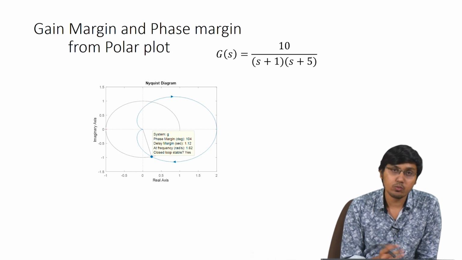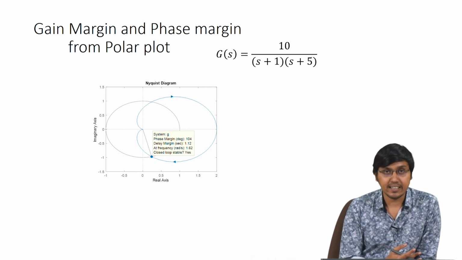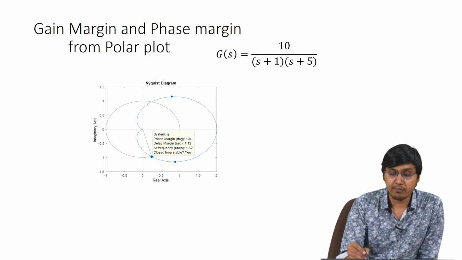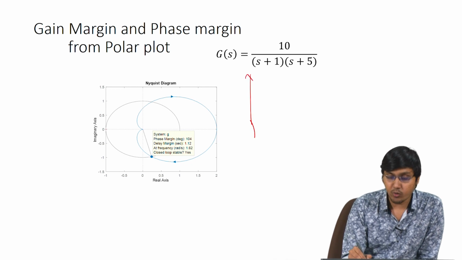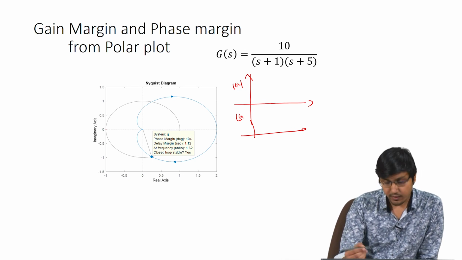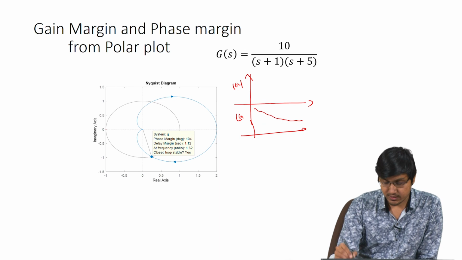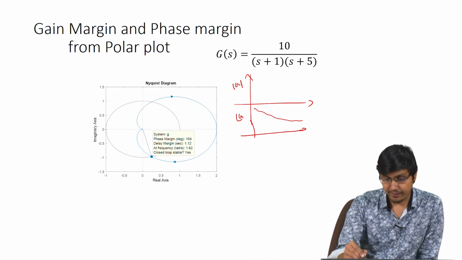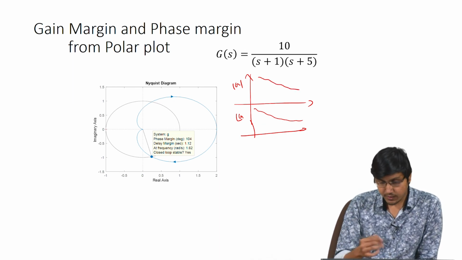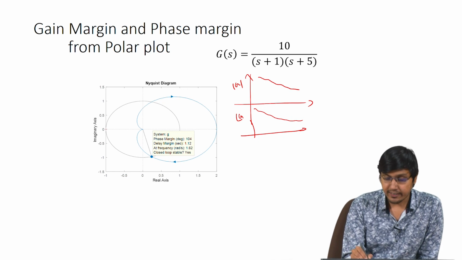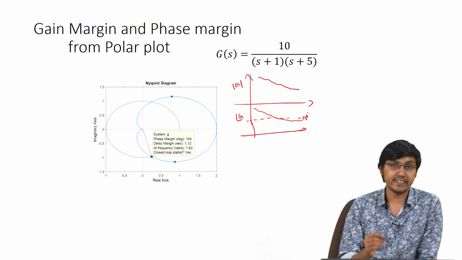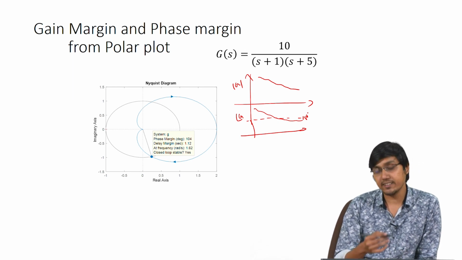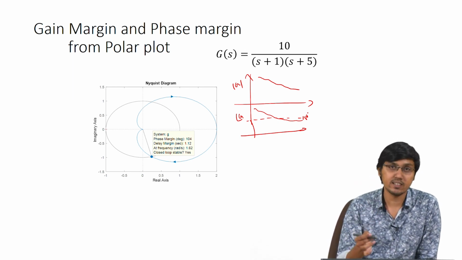If you can recollect what exactly we said about the gain margin and phase margin in the Bode plot, we had a magnitude plot and an angle plot. The angle was decreasing and the magnitude was also decreasing, and at the angle of minus 180 degrees we get the critical frequency, because that is when we get in-phase sine waves.